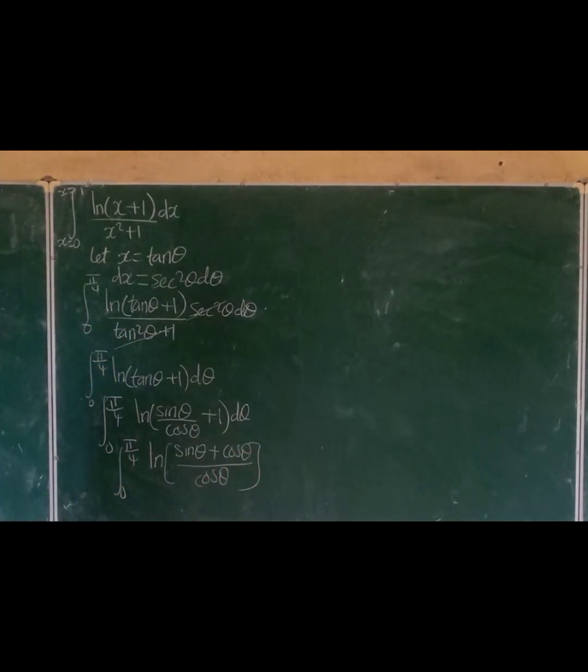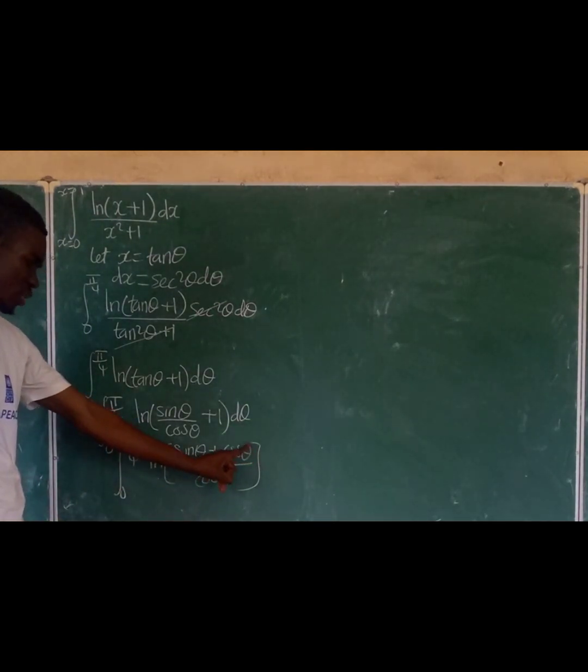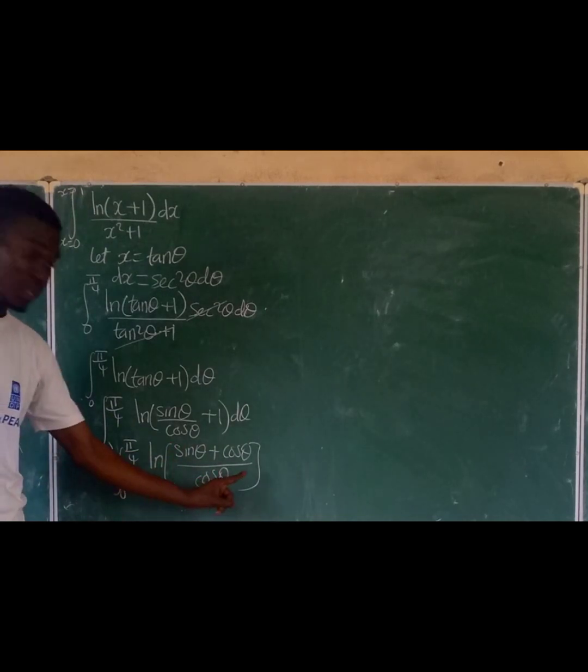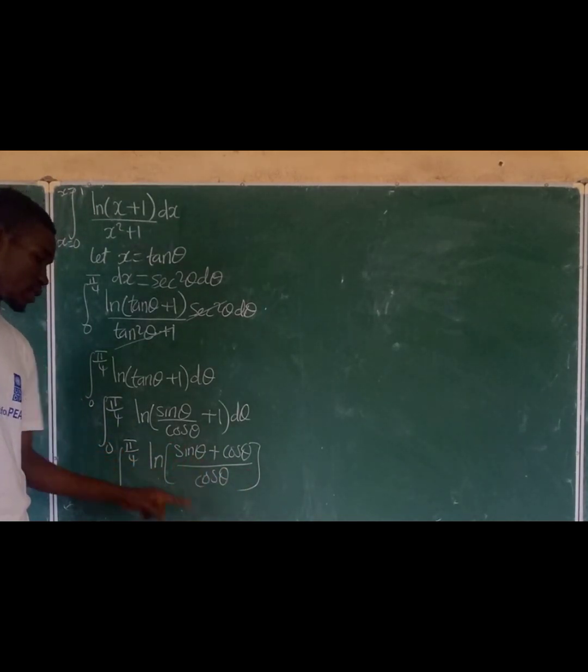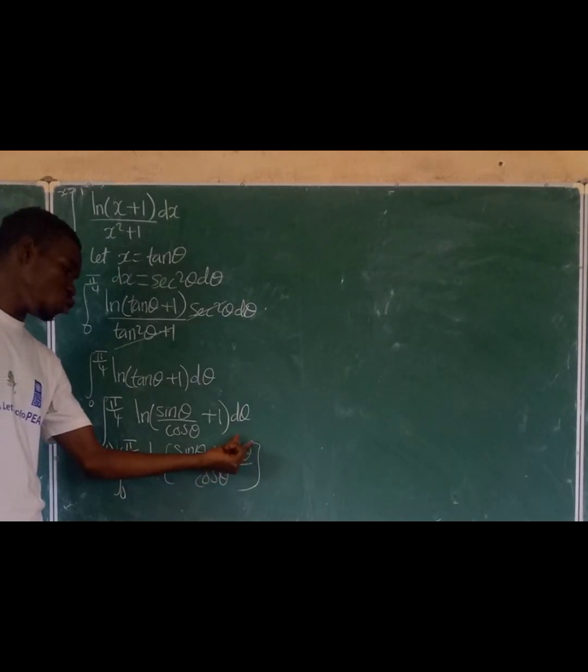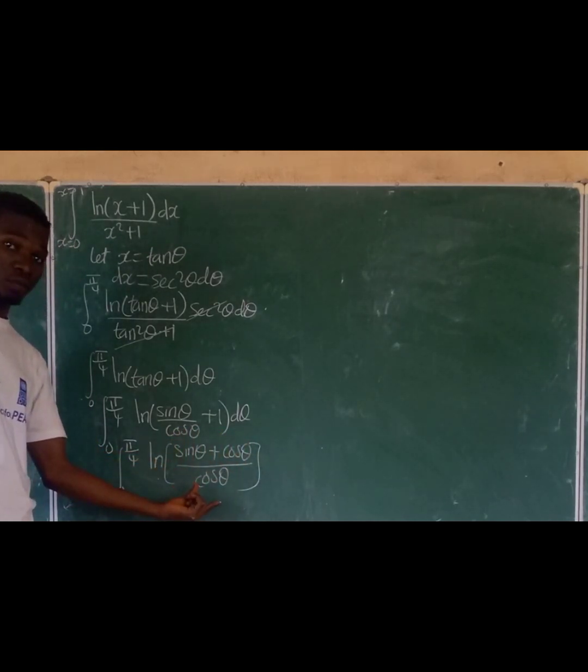Great. So what next? Now I also see a log property which tells me that if I have the quotient of two functions in the logarithm, I can write it as the log of the numerator minus the log of its denominator.